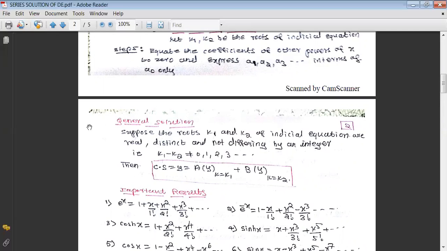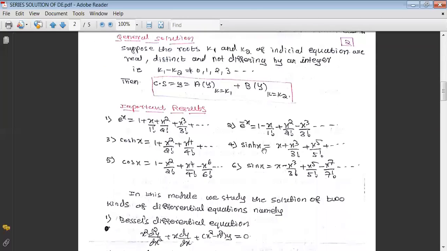Then the complete solution in this case is given by y equals A, some arbitrary constant, times the value of y at k equals k1, plus B times the value of y at k equals k2. This is how we can write down the complete solution of the given equation using the Frobenius method.